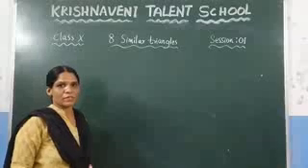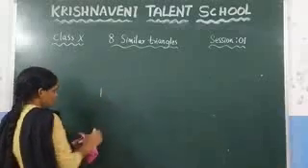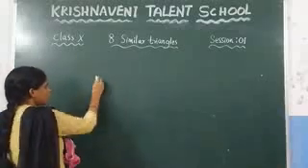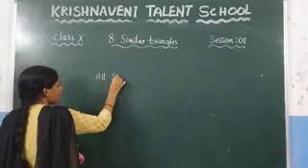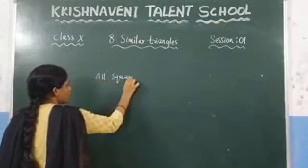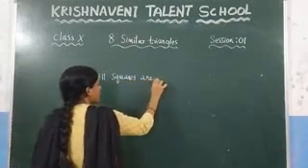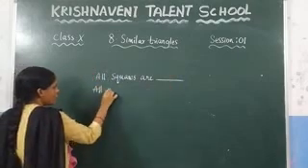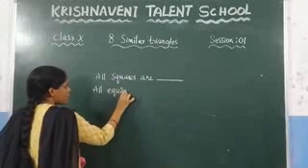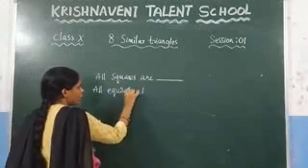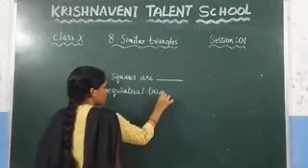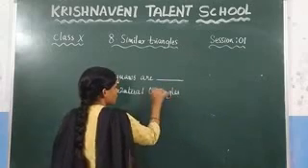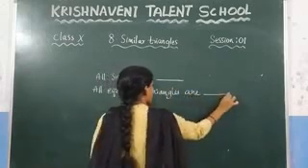Here, consider square. Some are very important. It will come in your exams. They will ask whether all squares are similar or not. And similarly, they can ask whether all equilateral triangles are similar or not.